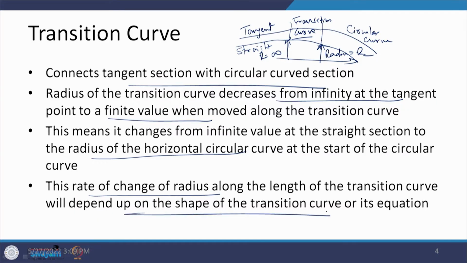So, we need to see the shape of the transition curve, its equation, how it is going to be implemented, and whether it is easy to compute the values. All of these matter when we select a type of transition curve which provides the scenario where R goes from infinite to R equals Rc.